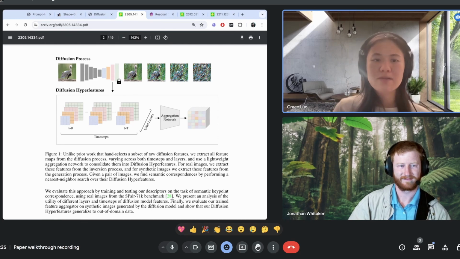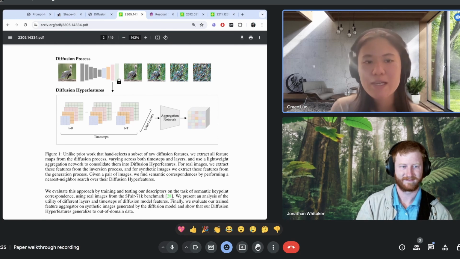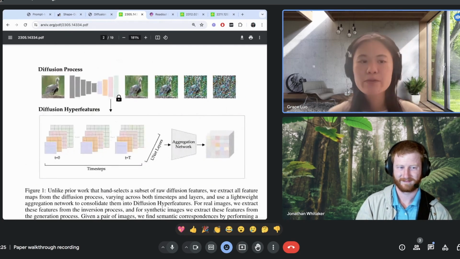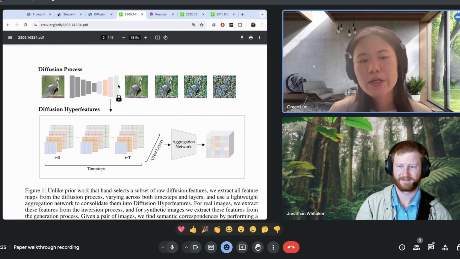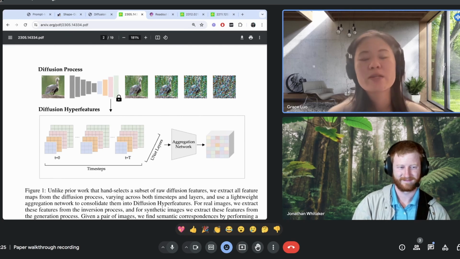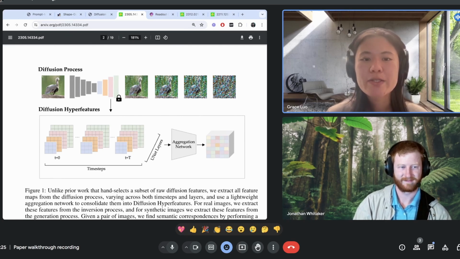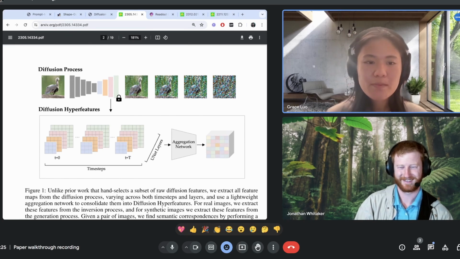And so in terms of the actual shape of this particular diffusion model UNet architecture that we were investigating, basically this is Stable Diffusion. The way it works is that you have a series of encoder layers, a mid layer, and then decoder layers. For the purposes of our investigation, we only looked at the decoder layers because prior works said that those were where the best features were.